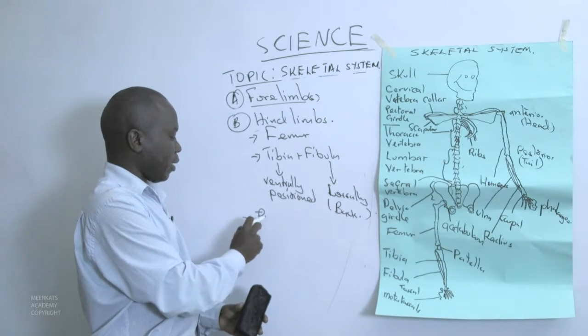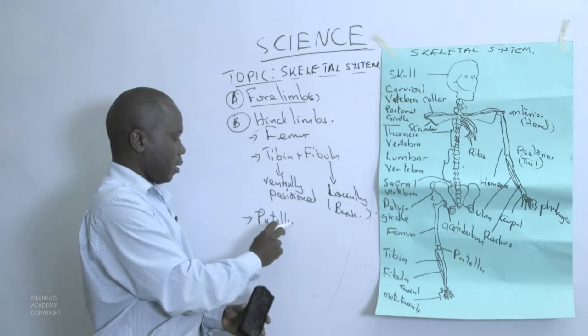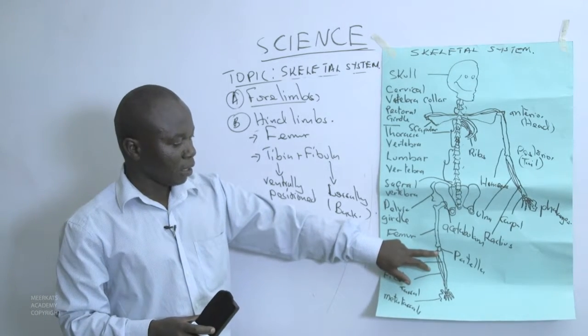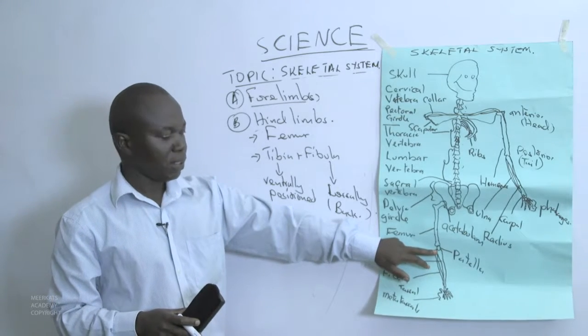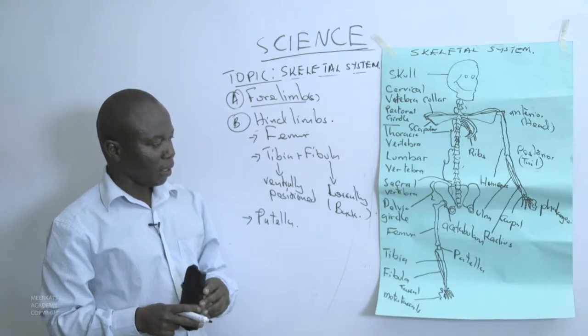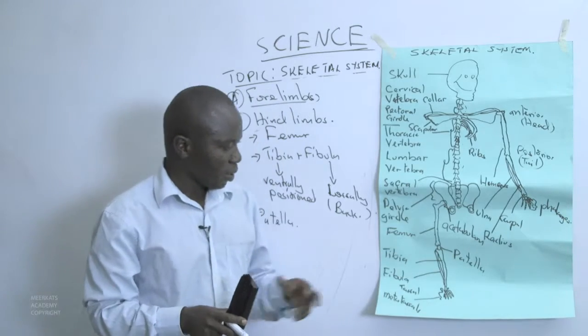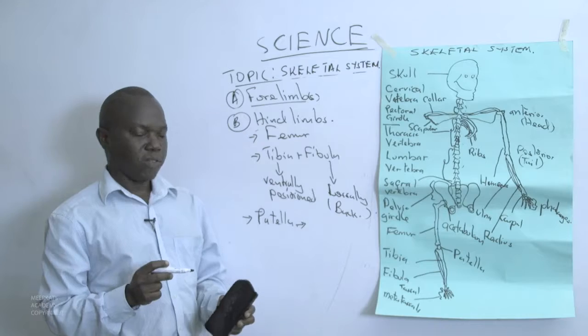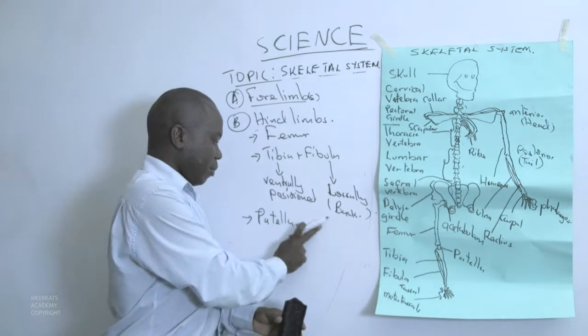Then we have patella. Patella is found in that hinge joint. It makes this hinge joint very special in a way than any other joint, because the patella prevents overstretching of the limb.